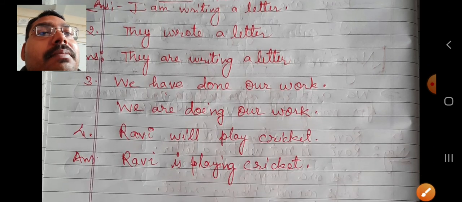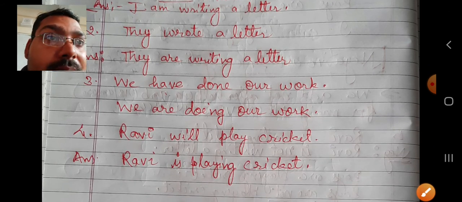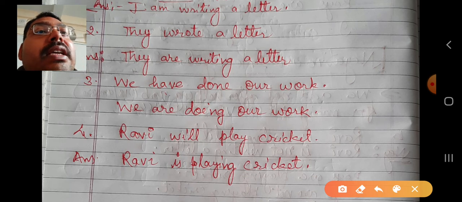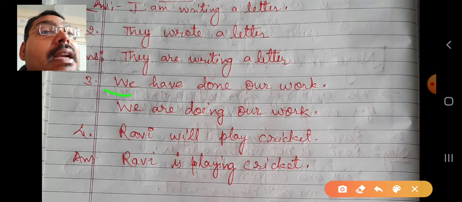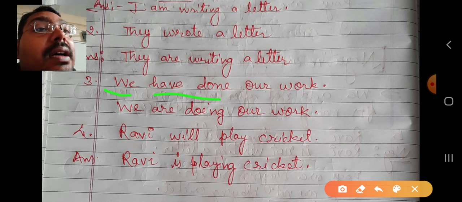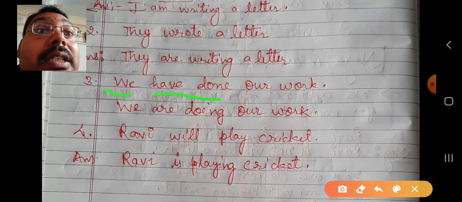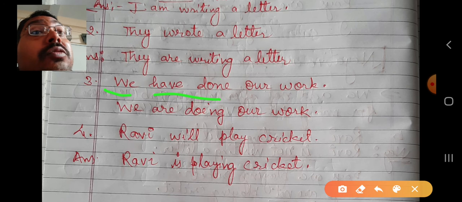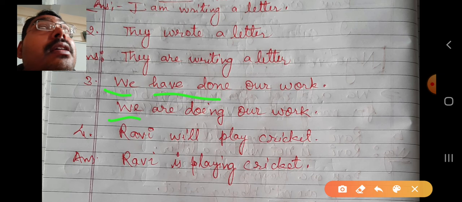Now look at another example. We have done our work. Here you can see we is the subject. Is we singular or plural? It's plural. Very good. We are more than one. And here what is written? Have done our work. Now we need to change it into present continuous tense, where the helping verb is/am/are is used. Here have is used. You need to use a suitable verb for we. For we, we cannot use is, we cannot use am, we will use are.